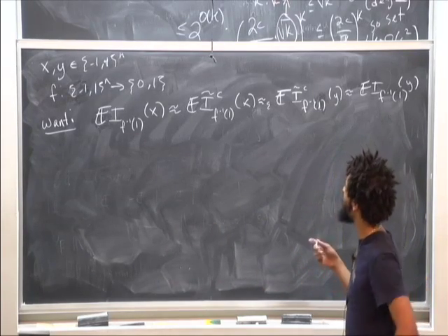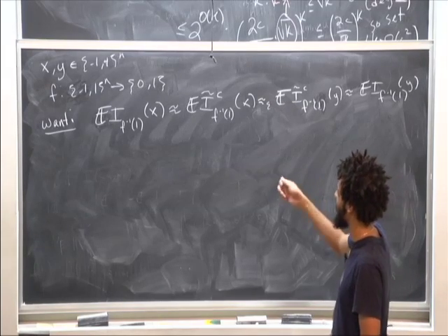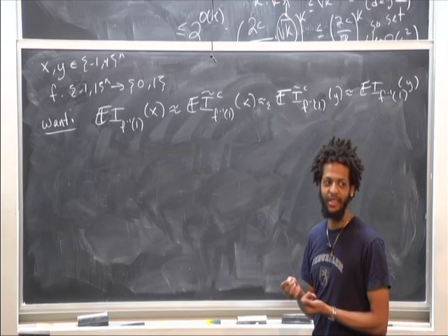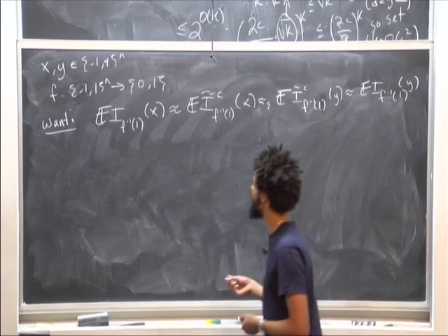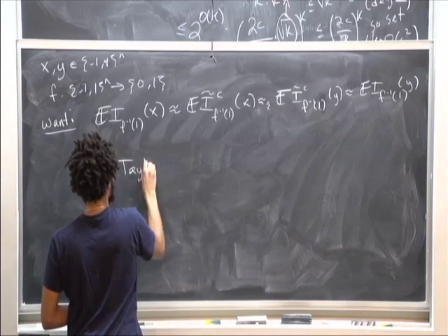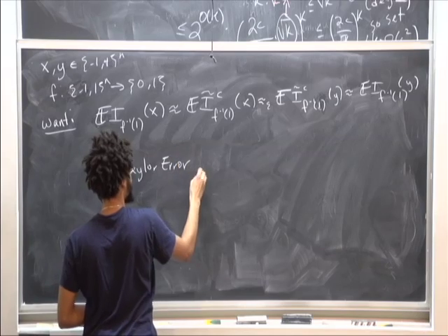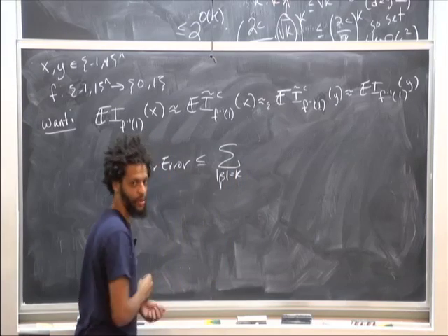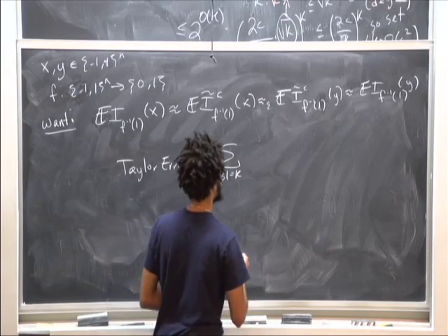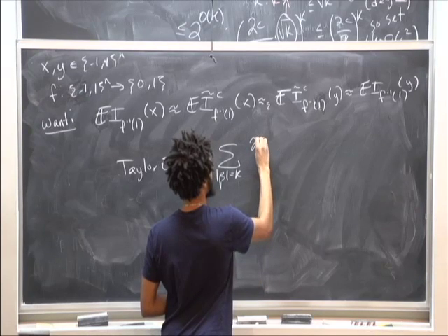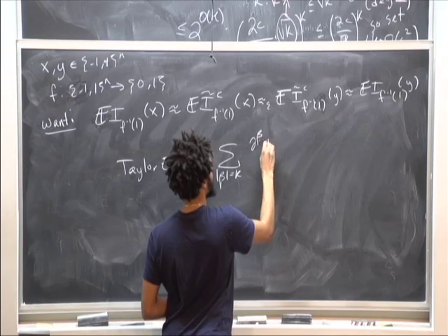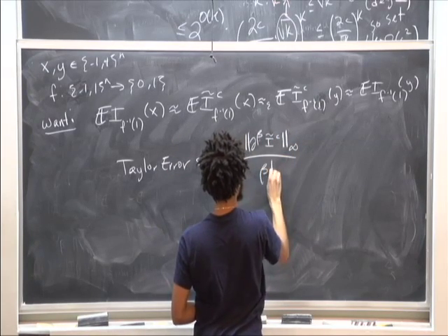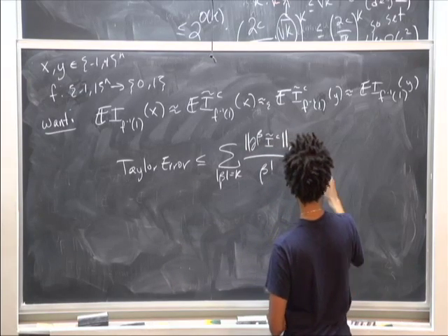This is better because if you do the multivariate Taylor's theorem, you're going to end up with your error being at most a sum over all multi-indices with total sum k of the derivative of your function I tilde c, over beta factorial, times x to the beta.